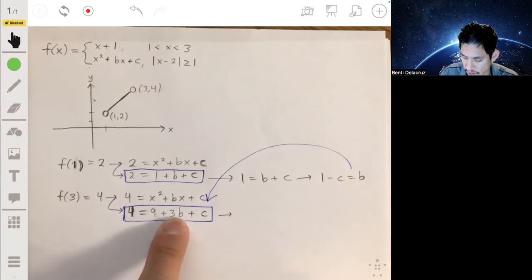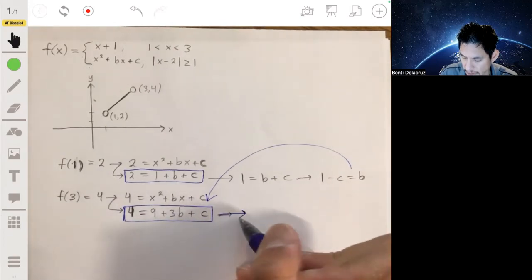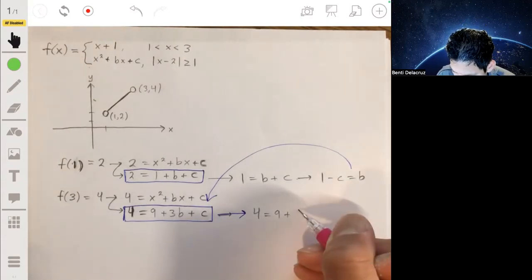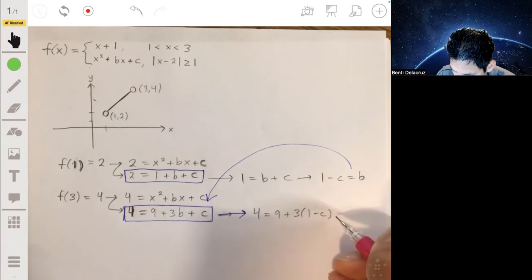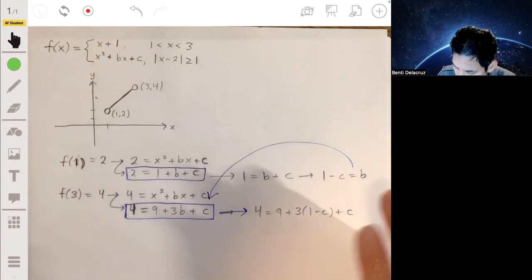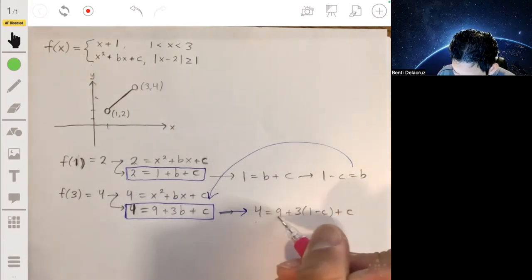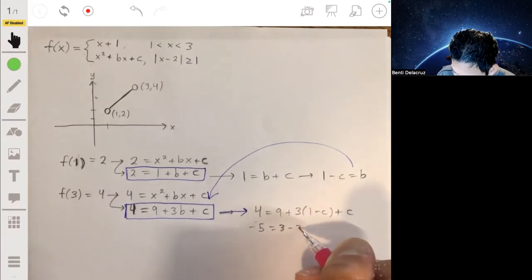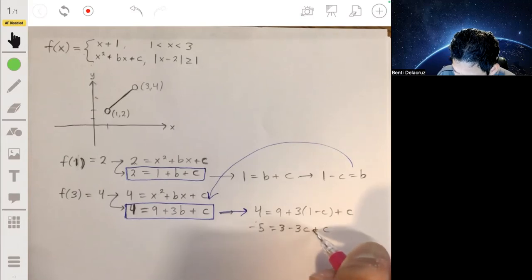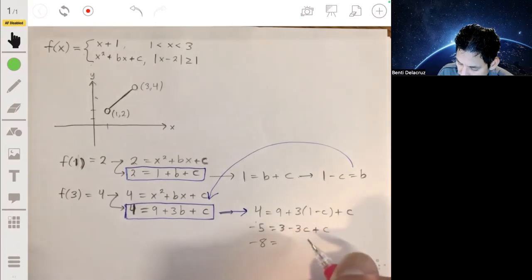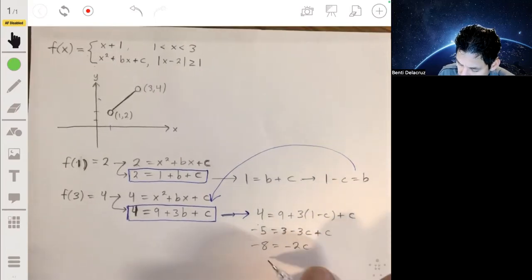Wherever you see the B, you're going to put 1 minus C. And so you'll get 4 equals 9 plus 3 times (1 minus C) plus C. Now we just solve this equation for C. Let's take away that 9, so we get negative 5 equals 3 minus 3C plus C. Take away the 3, you get negative 8 equals negative 2C. Divided by negative 2, you'll get C is equal to 4.